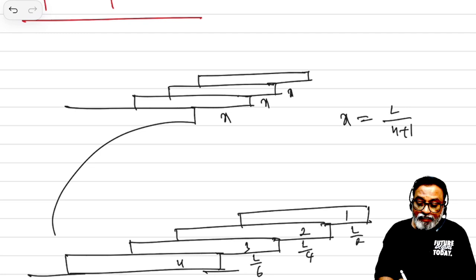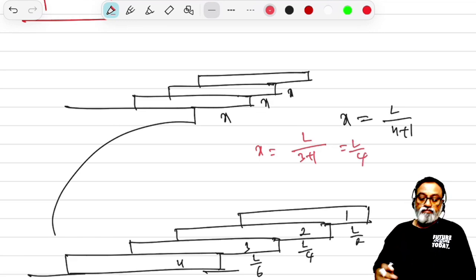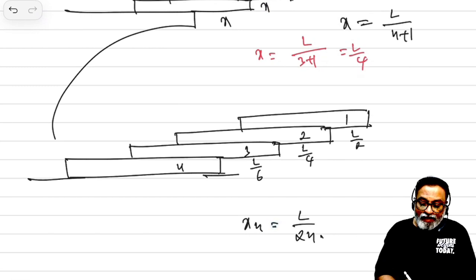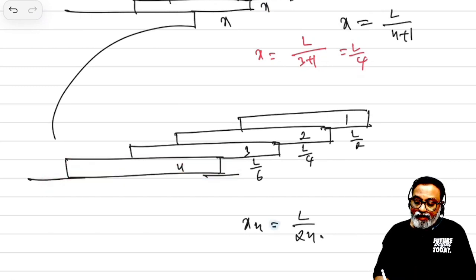Therefore, this is the tabletop. The number of stacked planks is 1, 2, 3. Therefore, here x is equal to L by n plus 1, with n equal to 3, so 3 plus 1. Therefore, L by 4. For example, here this is plank 1 arranged on the ground, and planks are arranged like this.